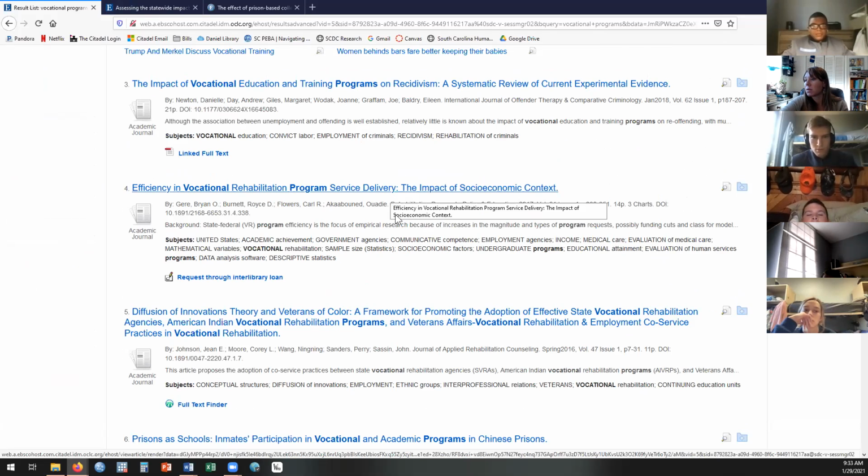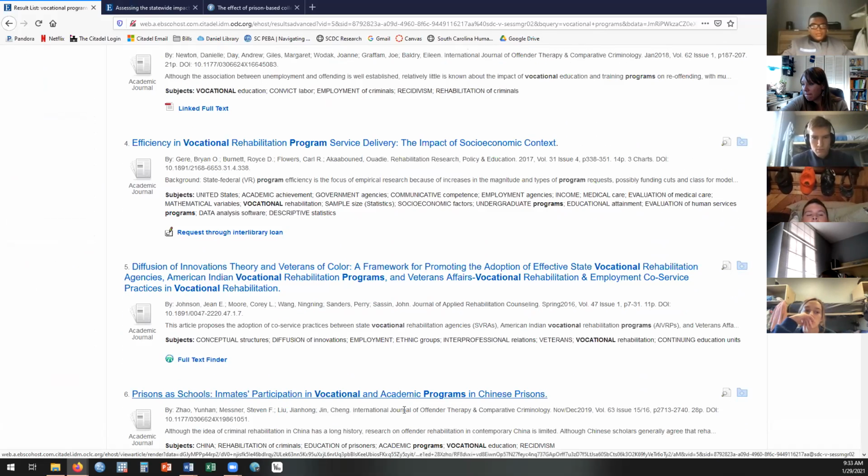Number 6, down on the bottom, prisons as schools. It says it's Chinese. So would that be kind of like the Iranian prisons where it wouldn't necessarily match up? I would try to stay in the US. For some of you, you might have to go outside the US, which is fine. You're just going to have separate implications for each country because we're culturally different, right? But the bigger problem I have here is it's their participation.